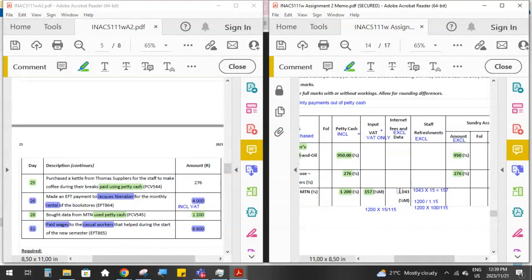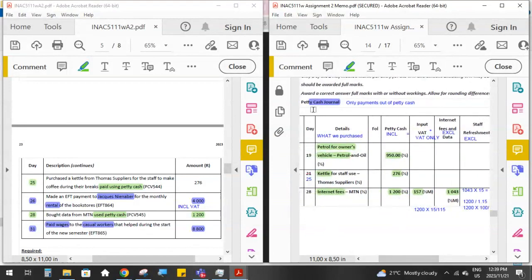adds up. 157 plus 103.43 must add up to equal the main column, and whatever the main column is will depend on which journal we happen to be doing. So this is the petty cash journal, so our main column is petty cash.